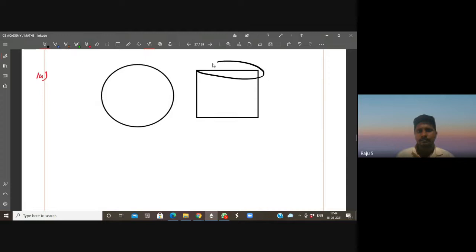Clearly, height is equal to radius. I'm taking capital R as the radius of the sphere, small r as the radius of the cylinder, and small h as the height. Capital R is equal to small r is equal to h. All will be equal.